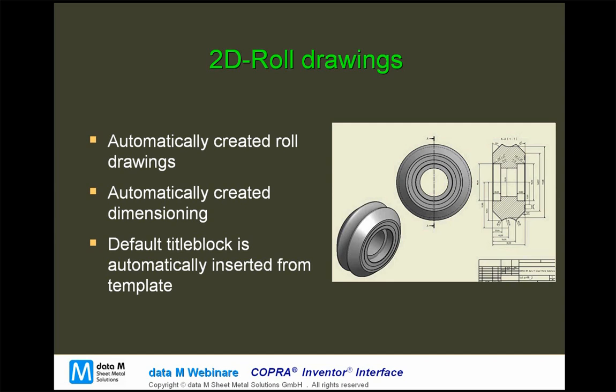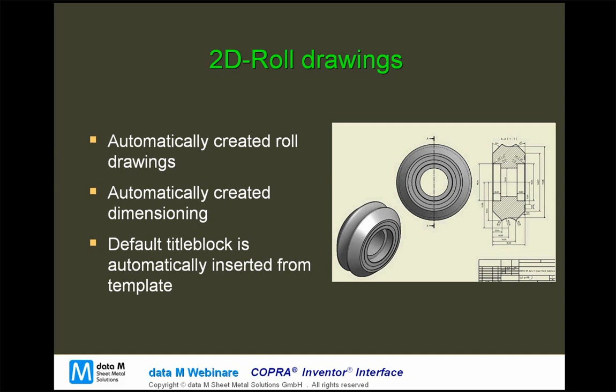We have a lot of template rolls that are defined, so we know what kind of roll we have. What we are doing is we get the rolls, the contour of the roll, and try to figure out which kind of roll it is.